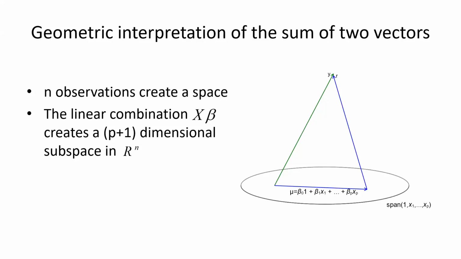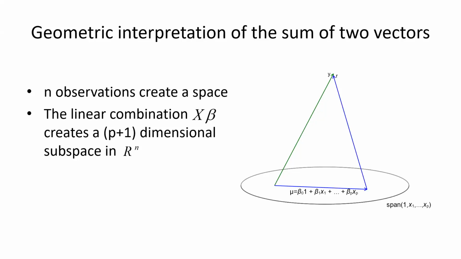X beta creates a p plus 1 dimensional subspace. Now, why would it be p plus 1? Because x is constant, doesn't change, but beta is something we can choose, and there's p plus 1 of those.